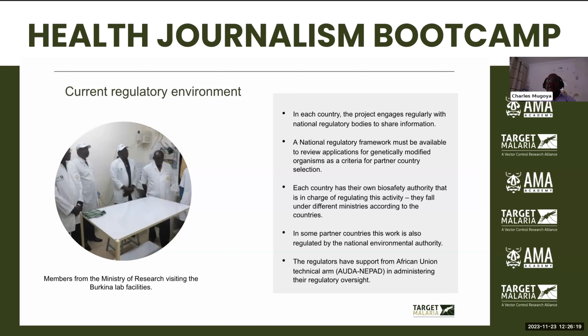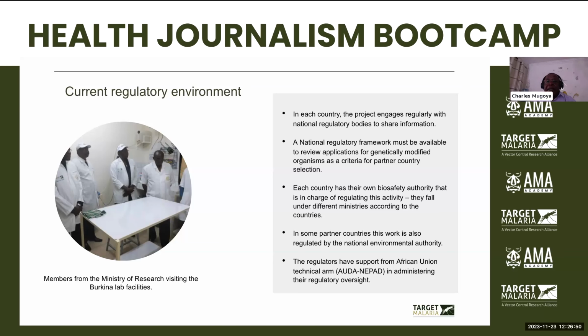And because the countries are formatted differently, this authority sometimes is in the Ministry of Environment, in other countries in the President's office, in other countries in the Ministry of Science and Technology. So it depends on which country you are dealing with, but the most important thing is that it is the biosafety authority that is in charge of regulating the activity in a particular country.